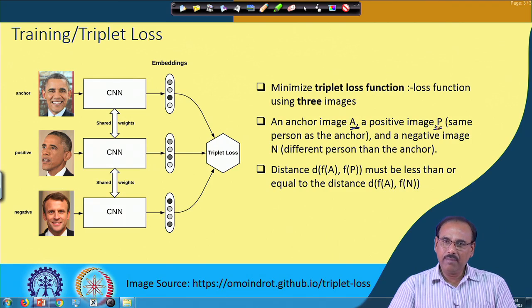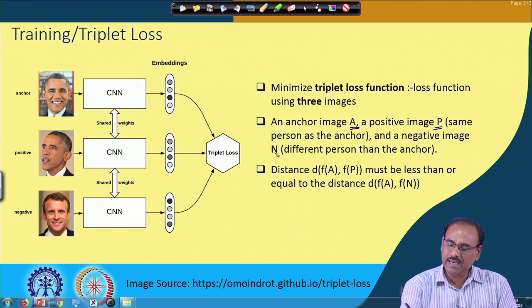And I need an image of another person, not the same person, which we call the negative image N.